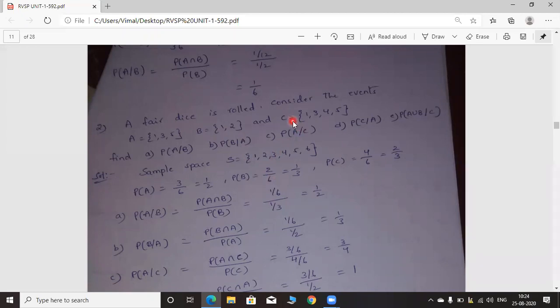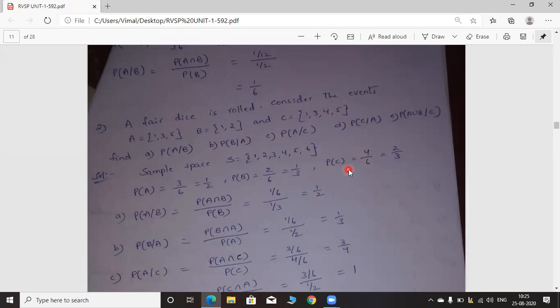Okay. Next, probability of C. How can we calculate the probability of C? C is equal to the set {1, 3, 4, 5}. We have 4 possible outcomes in event C. But in the sample space, we have a total of 6 possible outcomes.